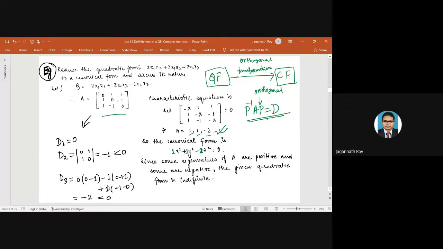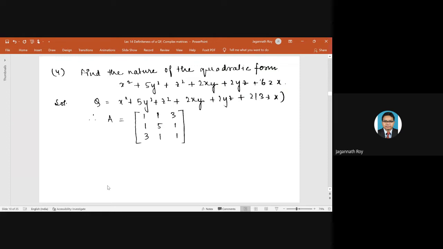If you know the canonical form, you don't have to worry about the P matrix, because this D matrix is definitely going to be of this form: 1, 1, -2, given the order you are following. So this is an easy task to verify.